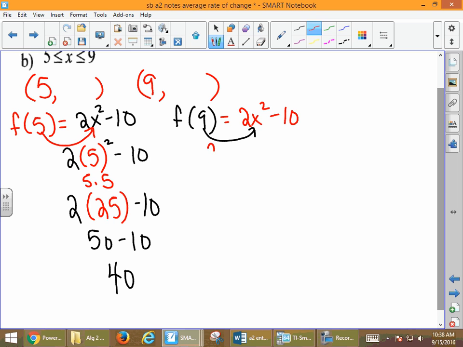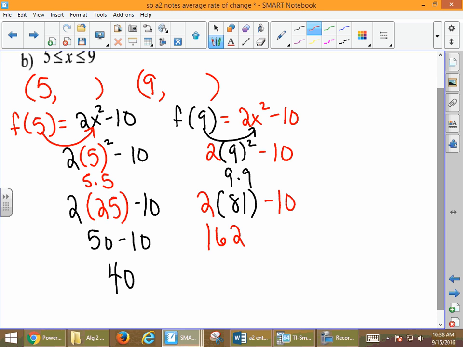So it's 2 times 9 squared minus 10. 9 squared means 9 times 9. Well, that's 2 times 81 minus 10. And 2 times 81 is 162 minus 10, which gives us 152.